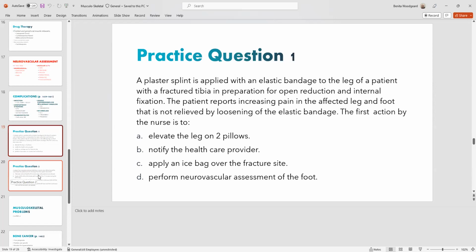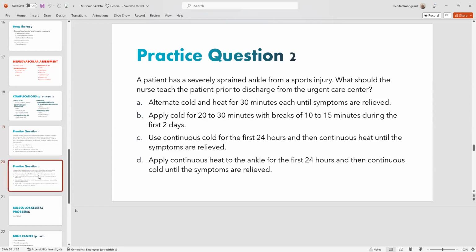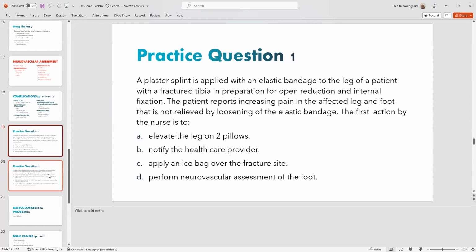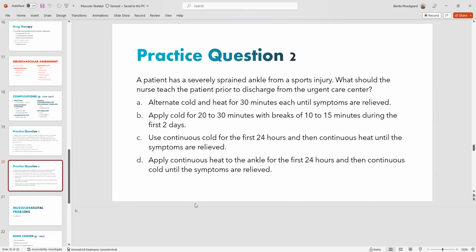I might need to do B, I might need to do something else, but first I want to assess this situation because I don't know for sure unless I have the exact symptoms to report to the healthcare provider. All right.